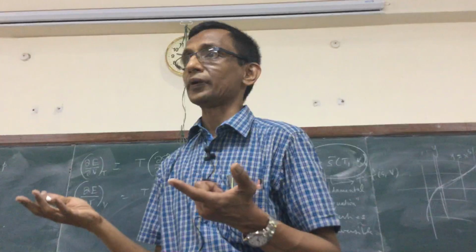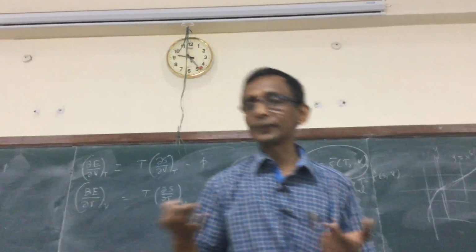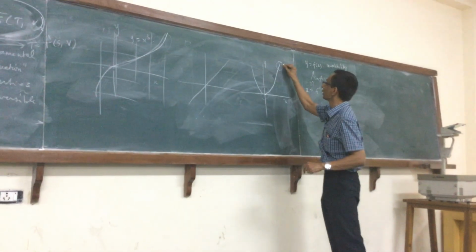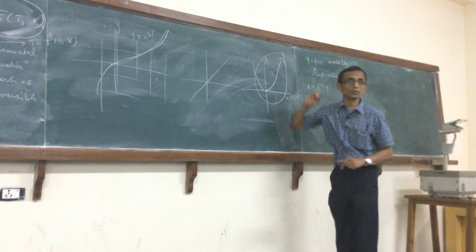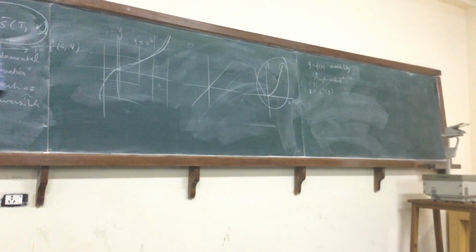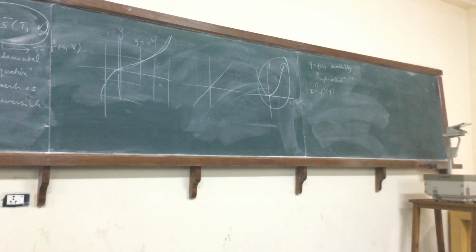Small or large, the theorem doesn't say how large the neighborhood could be. Clearly here, if I consider a large domain around this, the function is not invertible around that same point. The condition of invertibility is local and it's also sufficient.